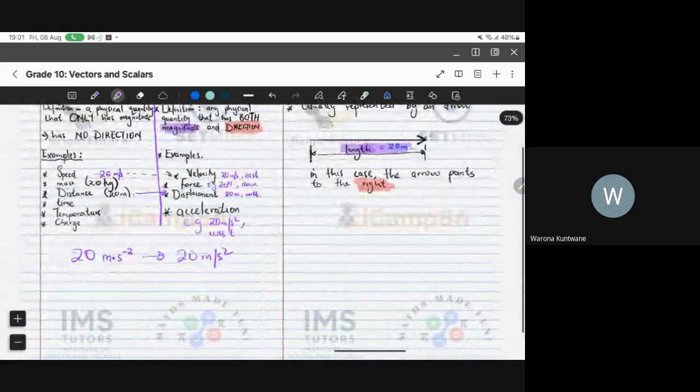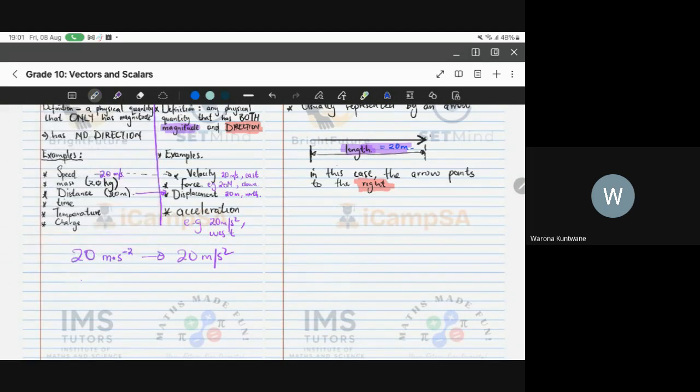So like I said, they can point anywhere and be of any size.